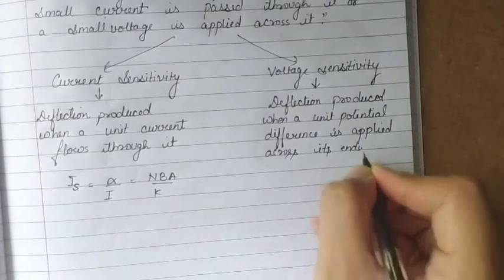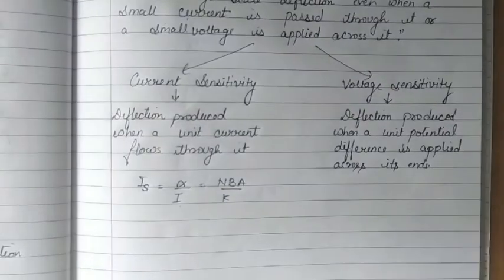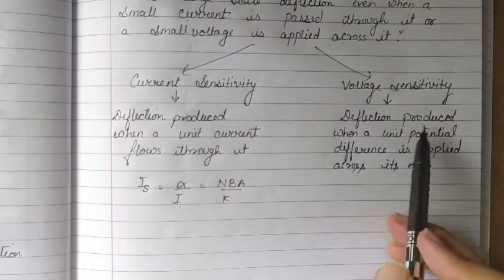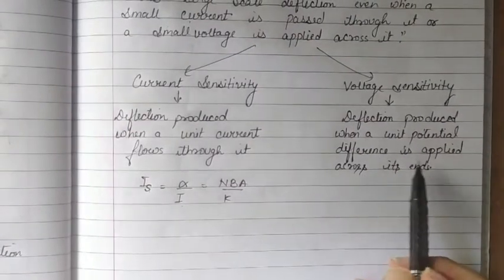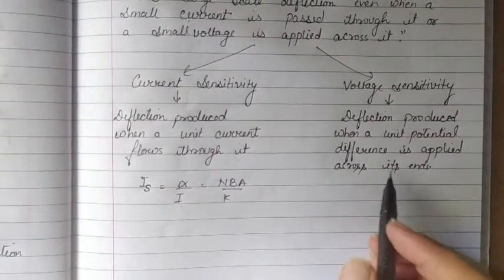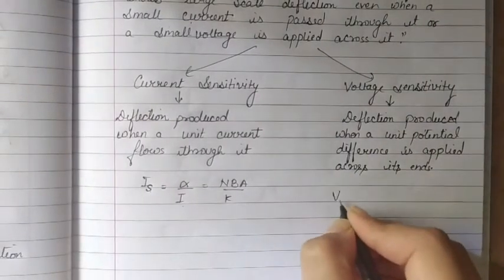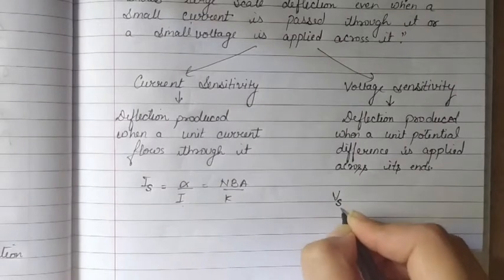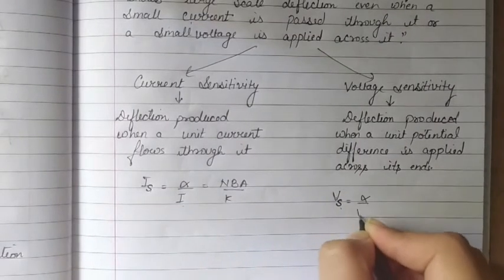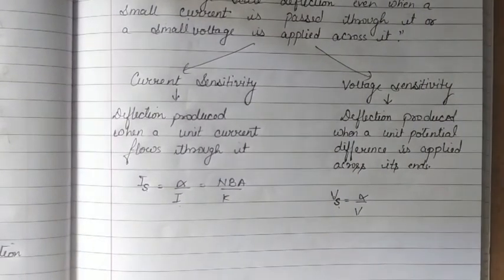Its ends means the ends of galvanometer. The deflection produced in a galvanometer when a unit potential difference is applied across its ends is called voltage sensitivity, and is given as Vs.